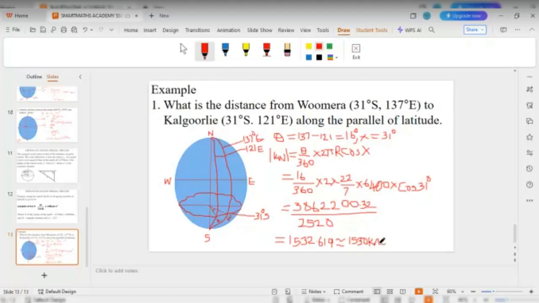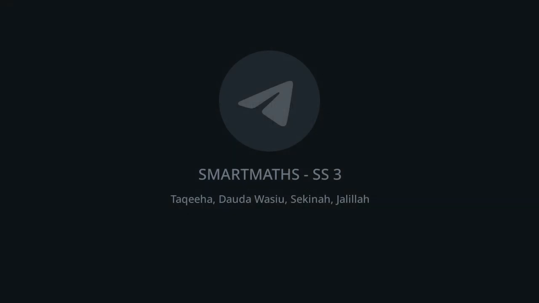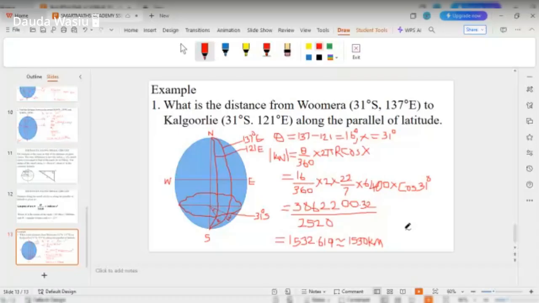So the answer is 1,530 kilometers to three significant figures.